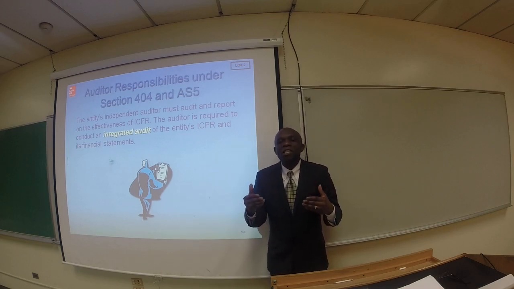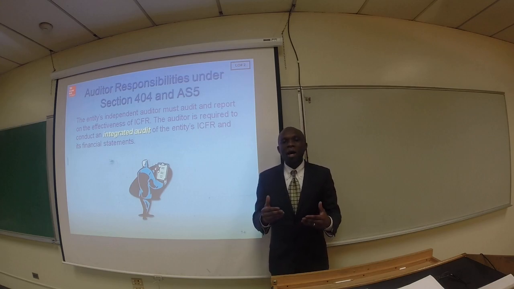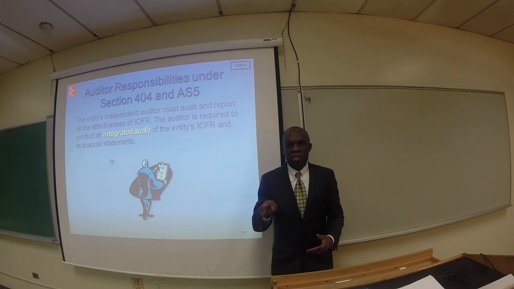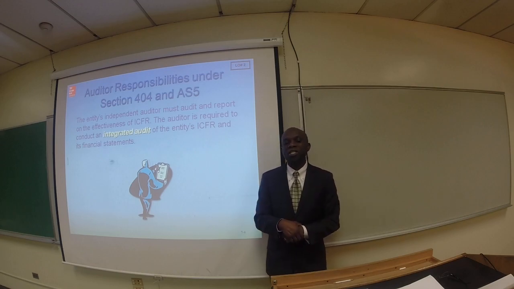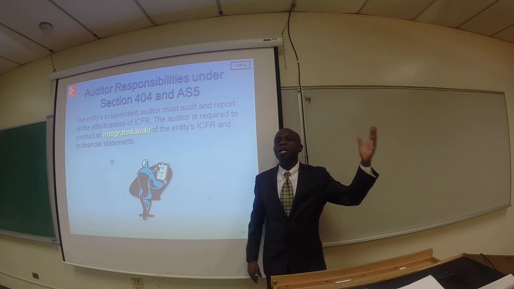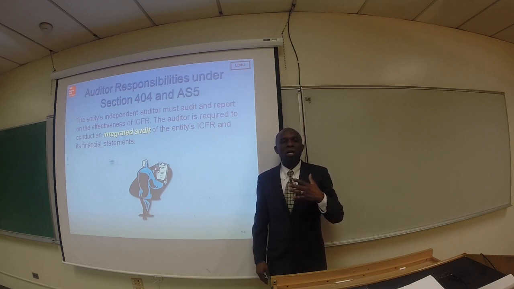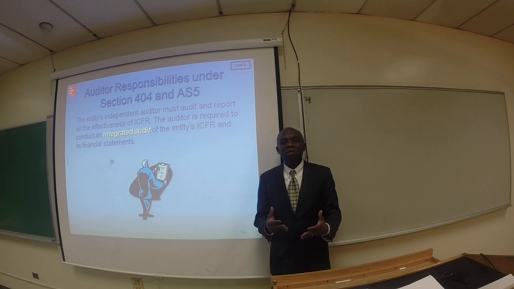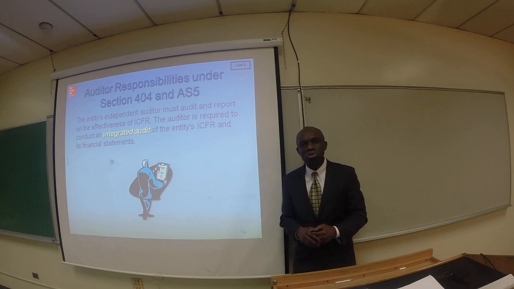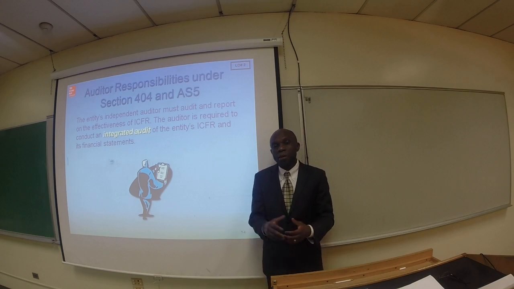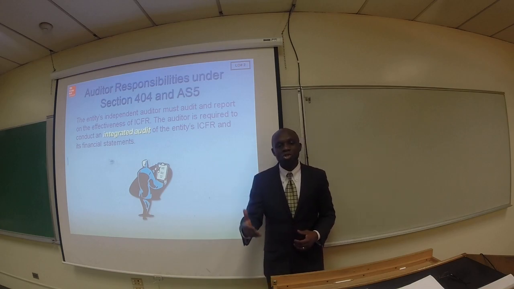Here, the law is requiring the CPA firm or the audit firm to audit and report on the effectiveness of internal control over financial reporting, in contrast to Chapter 6, whereby our role as auditors when we are auditing financial statements of a company that is not publicly traded was to have a sufficient understanding in order for us to plan and also to determine the nature, timing, and extent of the test to be performed.